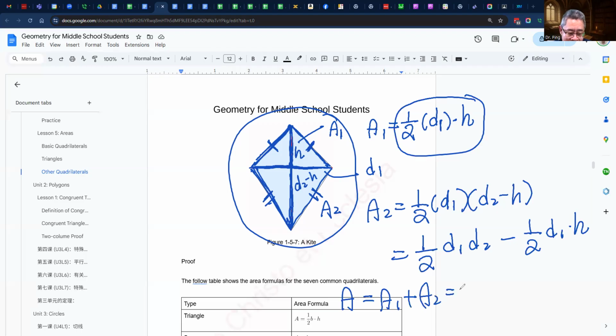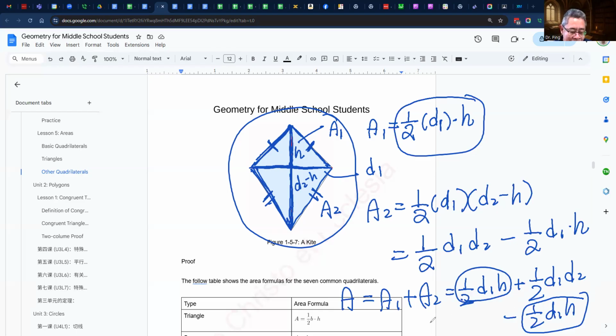So A1 is half D1H, A2 is half D1D2 minus half D1H. So this part and this part are the same, so they cancel. What's left is half D1 times D2. So the area for a kite is also just like the rhombus: half one diagonal times the other diagonal, or divide by 2.